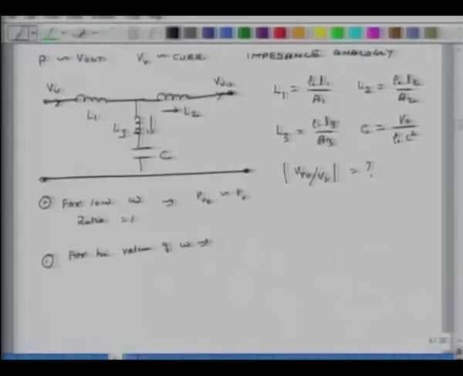That is the question. C will be acting as a short circuit, so it will split based on the ratio of L2 and L3. So C kind of acts as a short. So whatever Vv is going in, it will split like this.